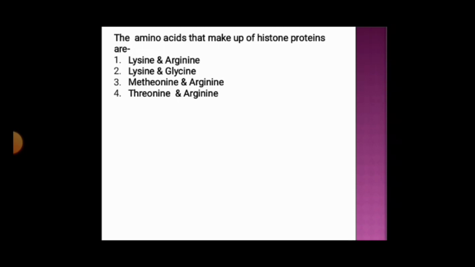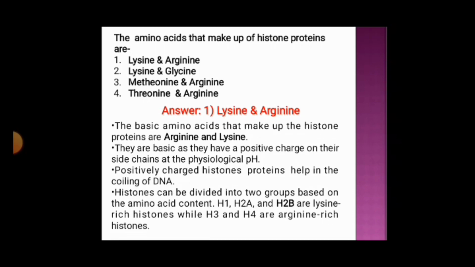The amino acids that make up the histone proteins are: option 1 lysine and arginine, option 2 lysine and glycine, option 3 methionine and arginine, and option 4 threonine and arginine. And the correct answer is option 1, lysine and arginine. The basic amino acids that make up the histone proteins are arginine and lysine.